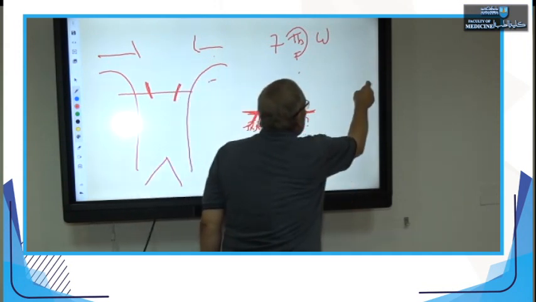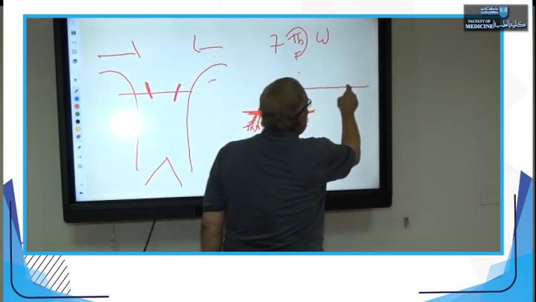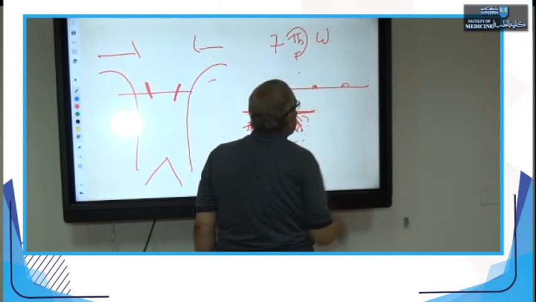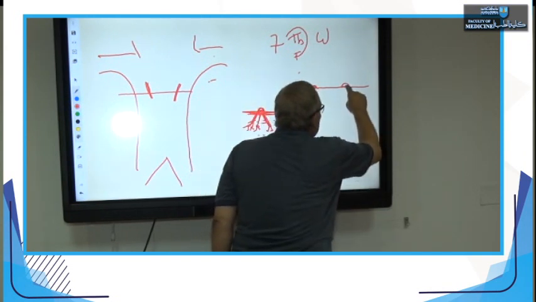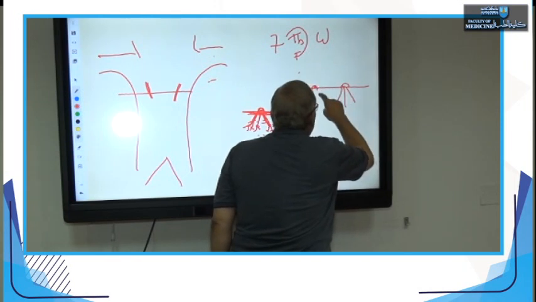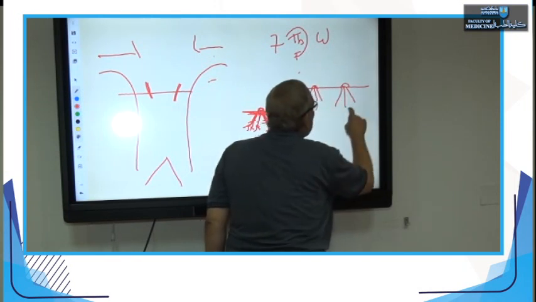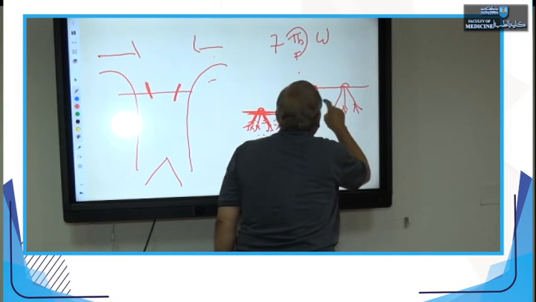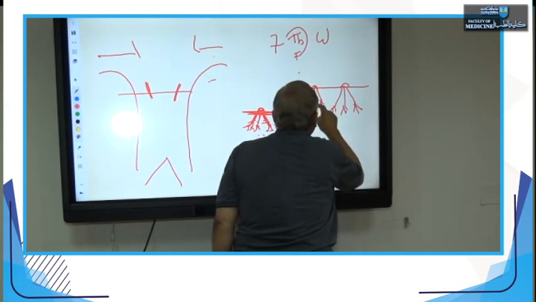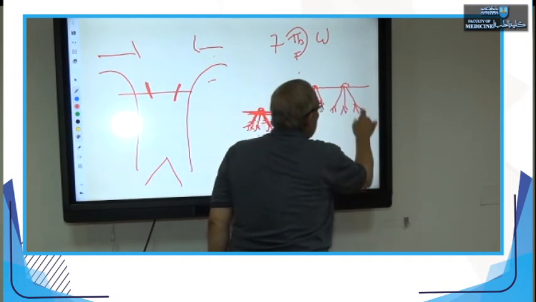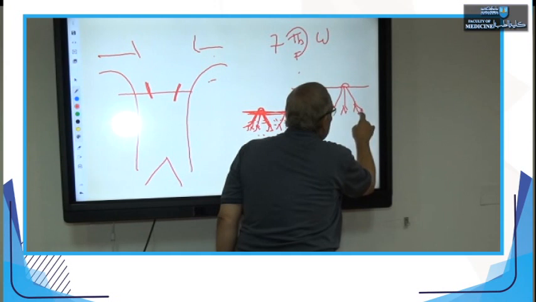So if this is the line and this is the everted ridge, from the everted ridge arise solid cores. These solid cores will give branches, and the branches pass into the underlying mesoderm and will terminate in dilatations.